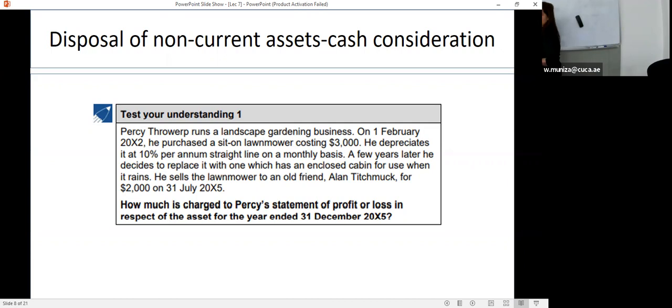Depreciation and profit or loss on disposal. Am I right? So you have to read the scenario. Whichever things are there regarding depreciation or profit or loss on disposal, these will be going to the statement of profit or loss. Start doing it.